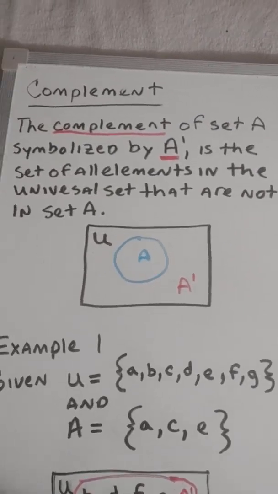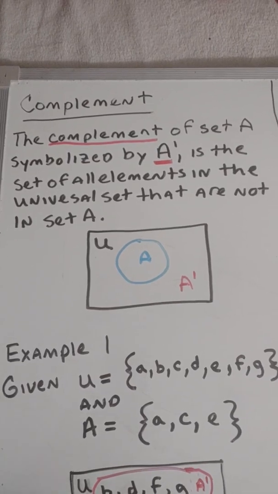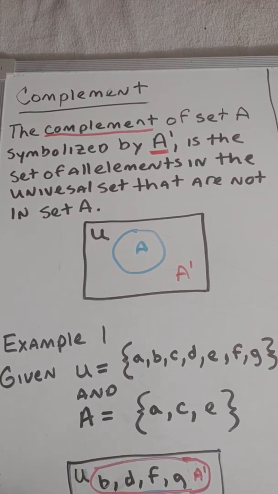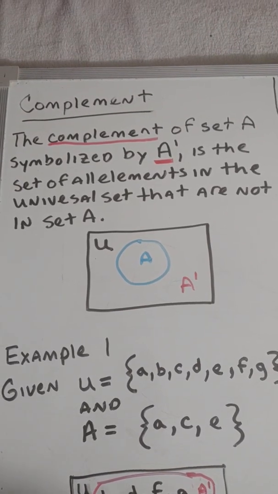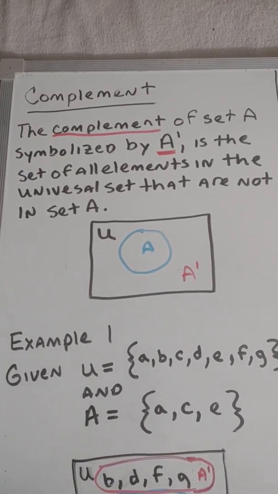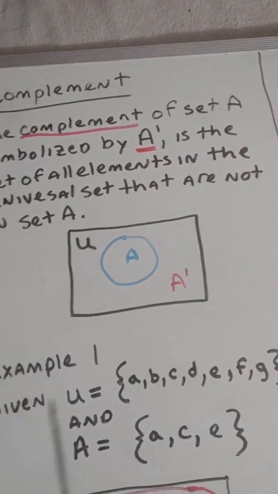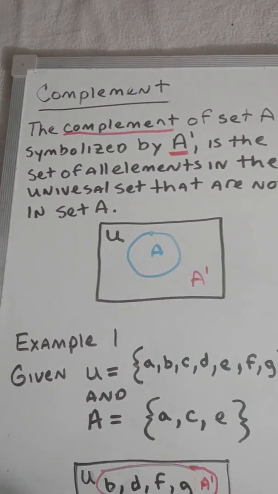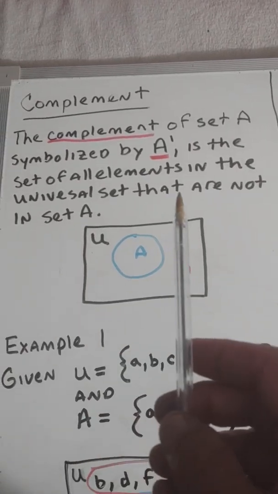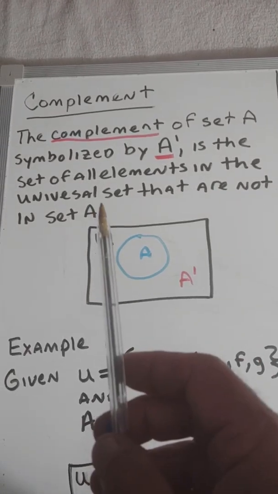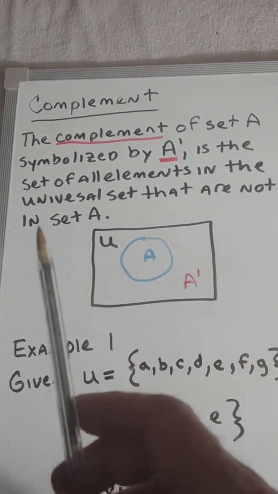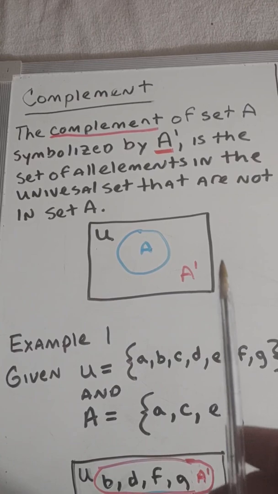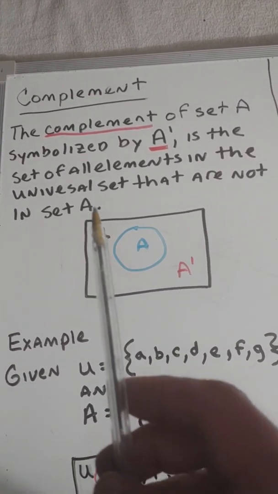So the complement, in set theory, the complement of a set A is symbolized by A prime, and that's the prime symbol there. It is the set of all elements in the universal set that are not in set A. So in a Venn diagram, we draw a square to represent the universal set.